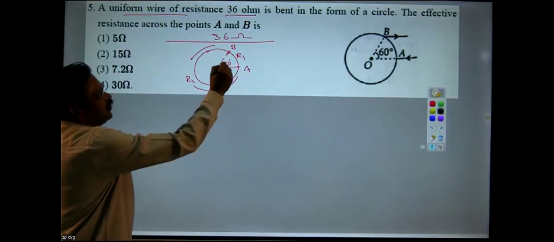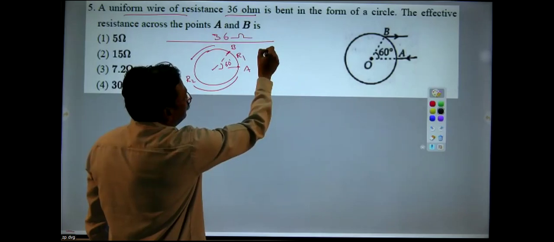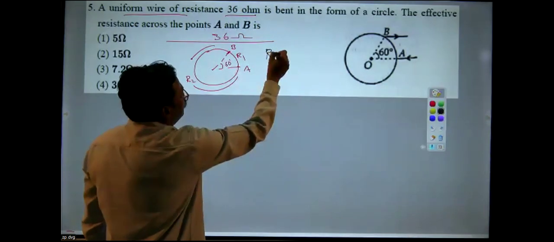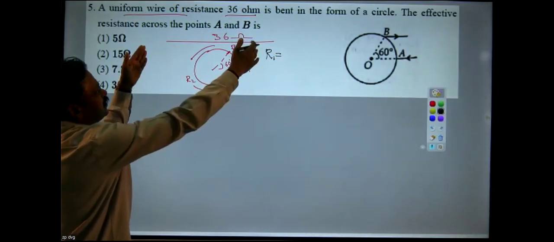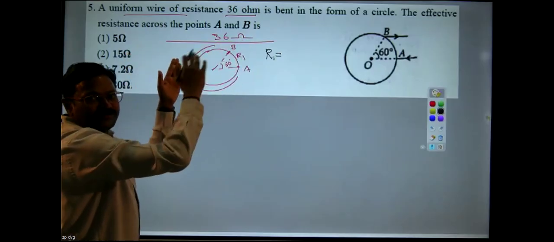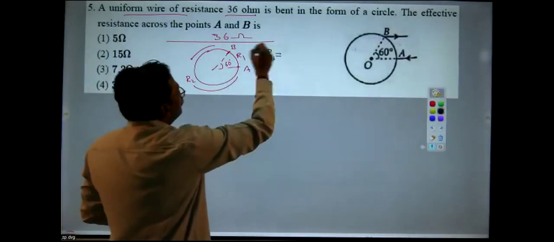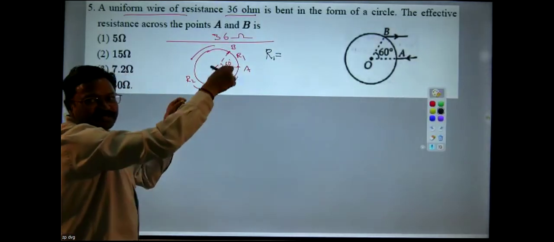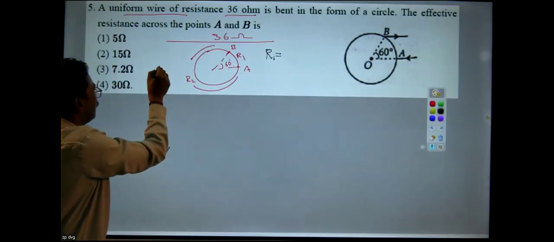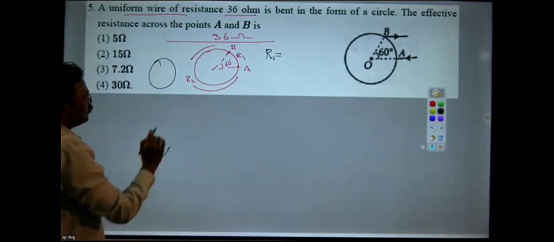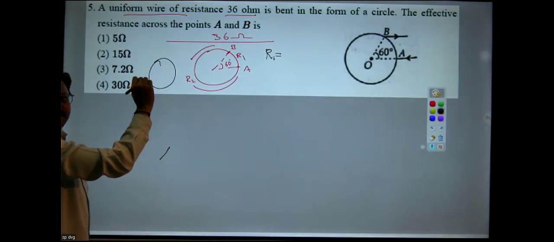ಇವಾಗ let's find out the value of R1. ನೀವು R1 ನ ಕ್ಯಾಲ್ಕುಲೇಟ್ ಮಾಡಿದ್ರೆ, how to calculate R1? See, total resistance ಏನಿದೆ 36 ಇದೆ. Let's find out what is the value of resistance per unit angle. Okay, total resistance ನಾವು 360 degree ಆಗಿ ಬೆಂಡ್ ಮಾಡಿದೀವಲ್ವಾ, ಸರ್ಕಲ್ ಅಂತ ಹೇಳಿದ್ರೆ in a circle how much is the angle? The total angle subtended in a circle will be equal to 360 degrees.